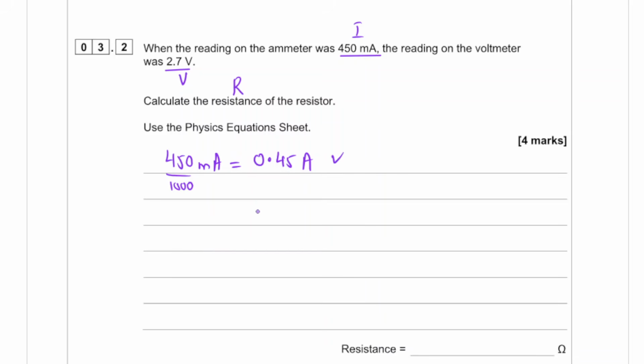So using V equals IR, voltage is 2.7 equals 0.45 multiplied by the resistance. Rearranging the equation, R equals 2.7 divided by 0.45 should give you 6 ohms. So the answer is 6.